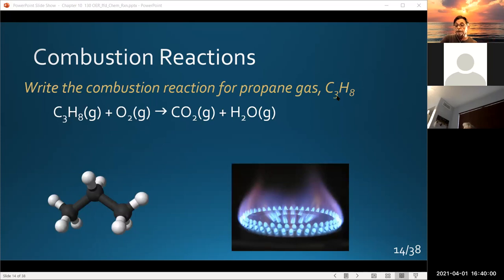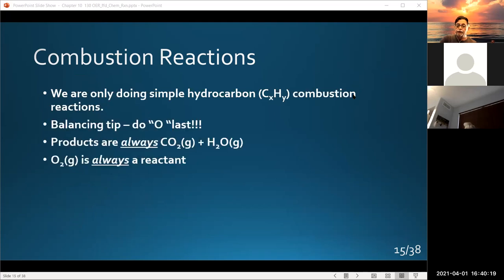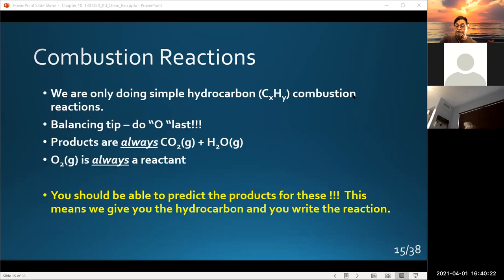That could be what's given. Well, the 2 key parts to remember: combustion means oxygen's involved. And looking at the formula, C3H8 means hydrocarbon only, which means carbon dioxide and water as products. So now you've got the reactant, and of course oxygen, you need oxygen to burn it, to combust it.